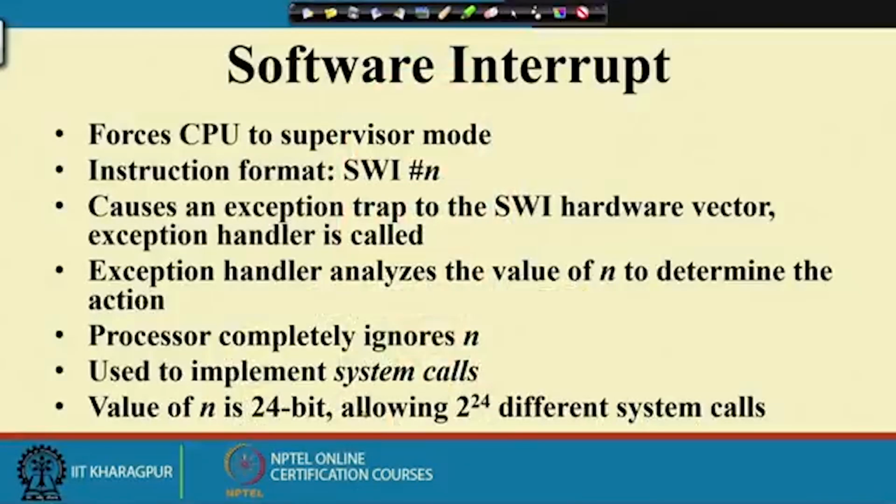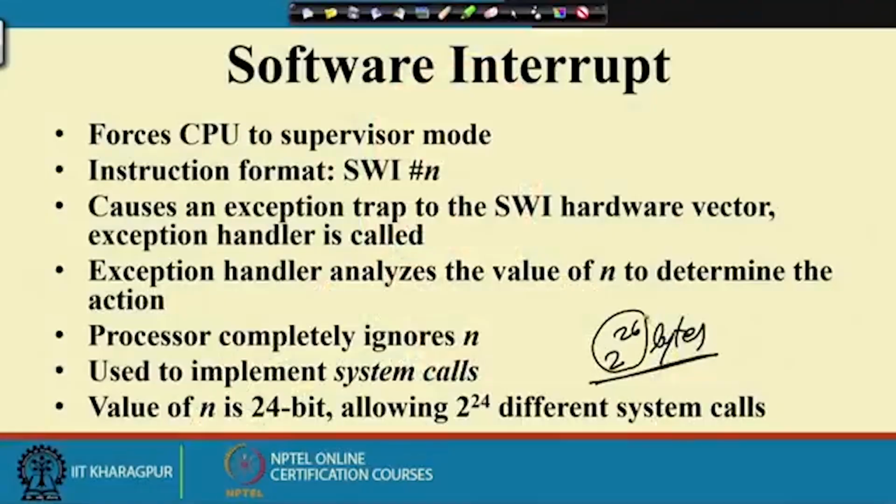So, 2 power 24 multiplied by 4 is 2 power 26 bytes of memory, needed just to hold the vector table. This is a huge number, 64 MB of space, just to hold the interrupt vector addresses. So, that is not advisable.